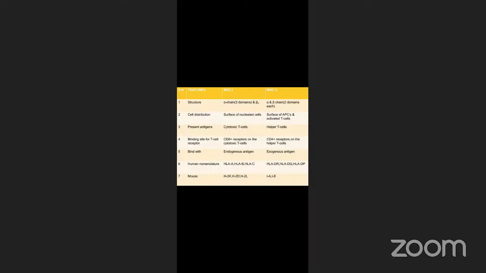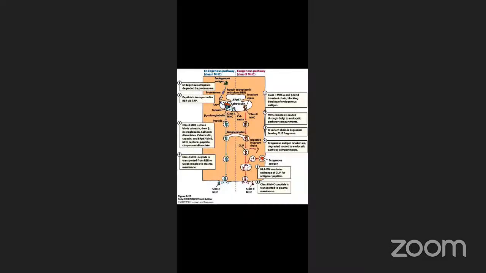Okay, and you have another important thing with regards to the MHC molecule. Just wait for a minute. That is endogenous and exogenous pathway presentation, what we have talked about earlier.